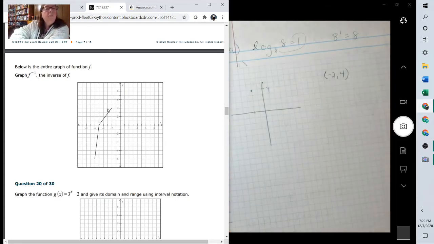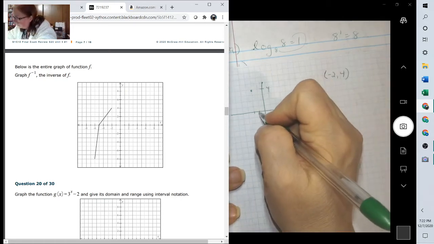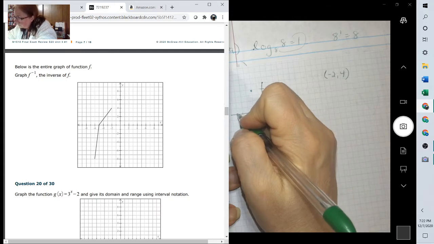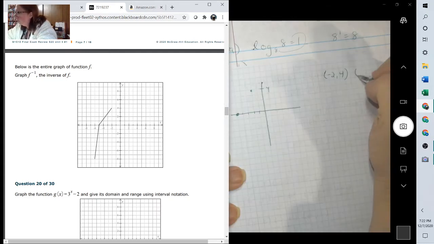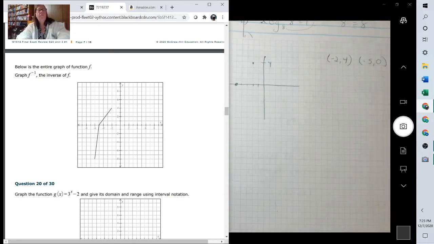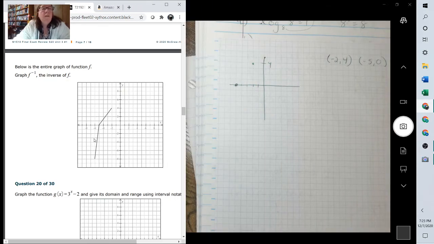And then this point is -5, 0. Here, 0. And the last point is -6, -8.